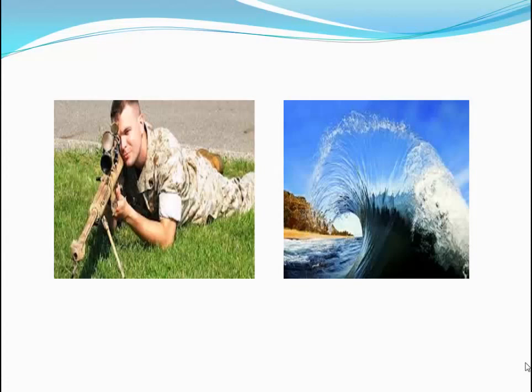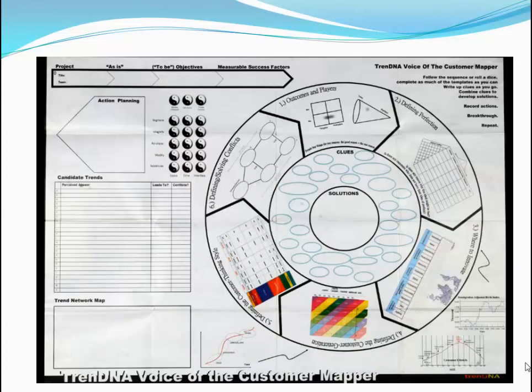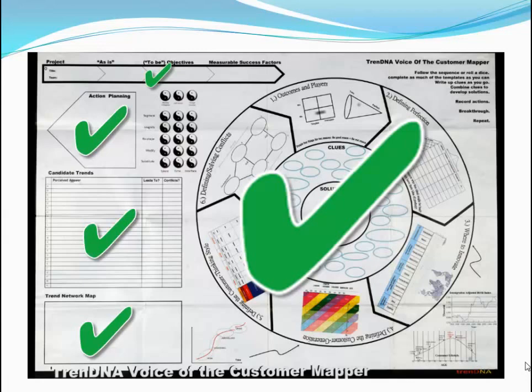Therefore, the structure of the workshop must be flexible, very flexible. A typical workshop can be summarized using this trend mapper sheet. There are 5 distinct activities. Team thinking is channeled through all these activities in a structured but non-linear manner.